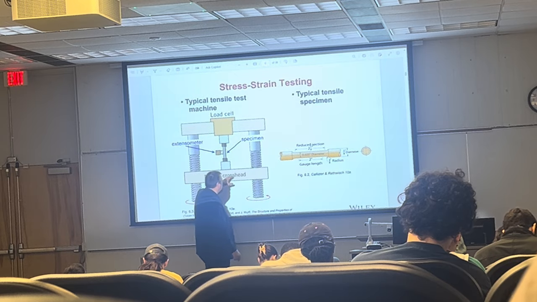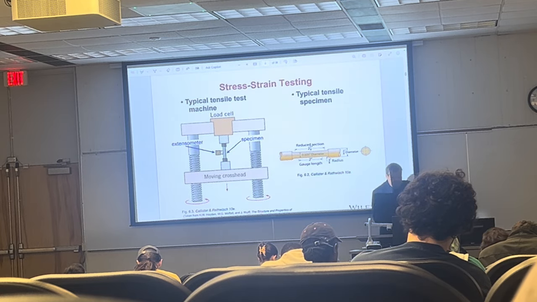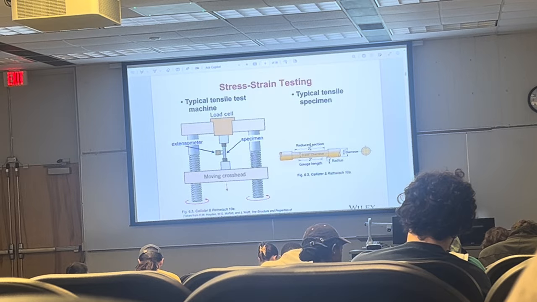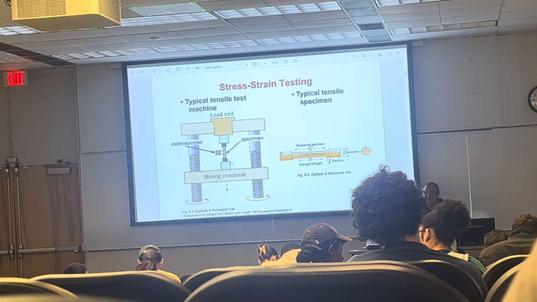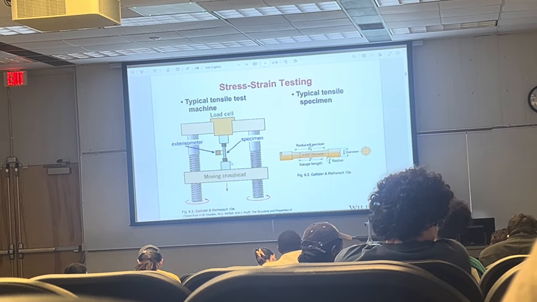Typically, that's how it looks, with a moving crosshead. If you ever get into the materials testing business, you're going to have a job for your life, because anybody who's in commodities materials, when you sell, you need to provide the spec to the customer, and the customer is not going to, most of the time, accept what you told them.